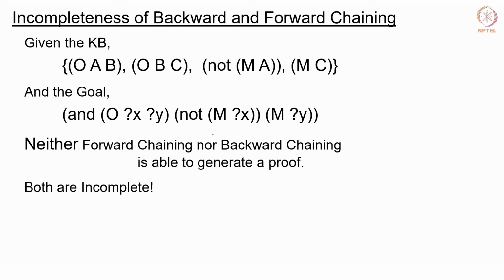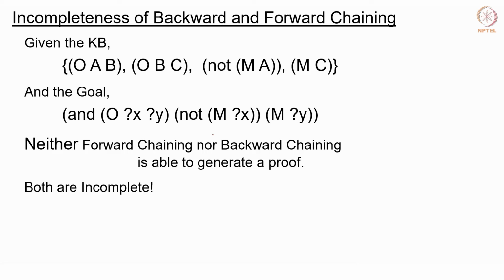Just try out some methods and see, rewriting some things in the form of implications or something, and then do chaining, and you will find that one cannot construct a proof for this query. Which means that both forward chaining and backward chaining are incomplete. In first order logic, they are incomplete. The query is a first order query, remember that.